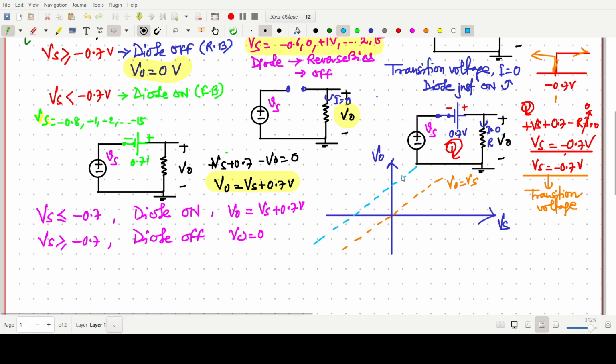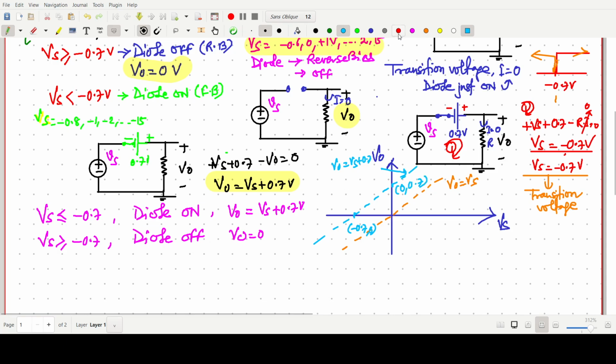This point is simply V naught equals Vs plus 0.7. So this point will be minus 0.7, and the other point, when Vs is 0, is 0.7, so (0, 0.7).